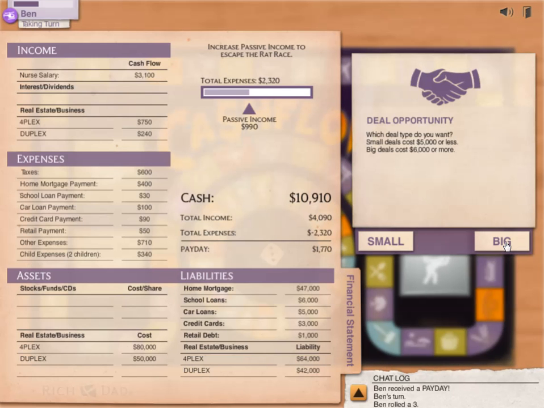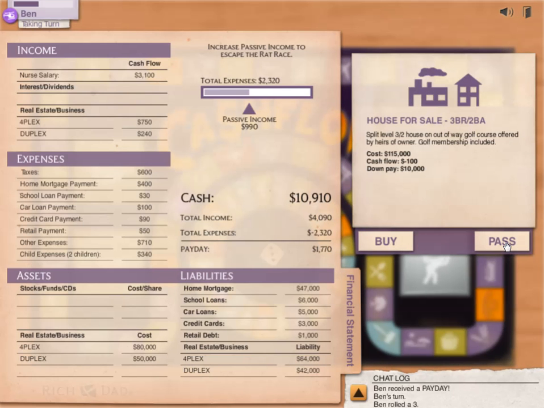Let's hope we get another good big deal. Alright, this is a perfect example of a really bad one. It's a 3-bedroom, 2-bathroom house on a golf course, and it comes with a golf membership as well. That's $115,000, which is way too expensive.